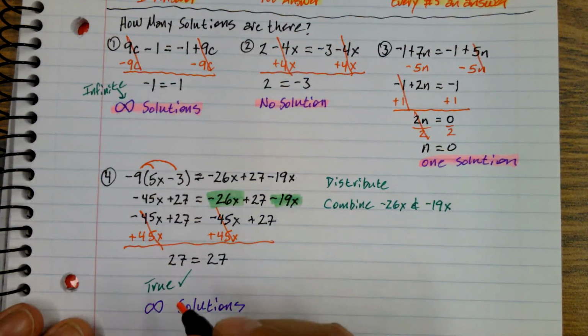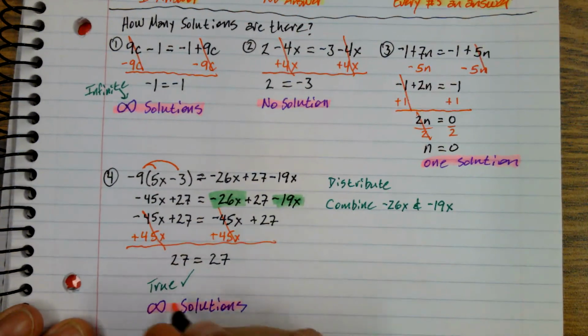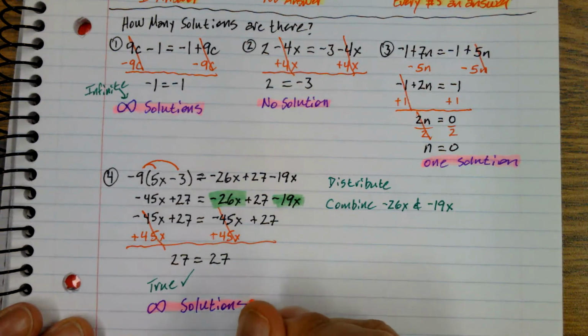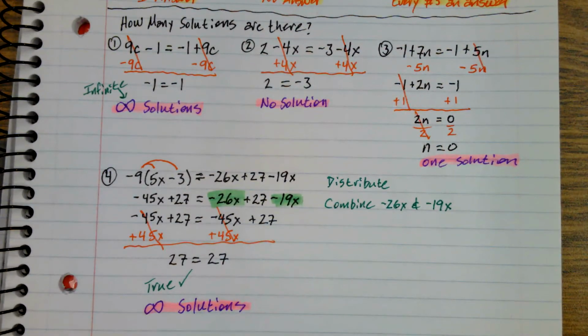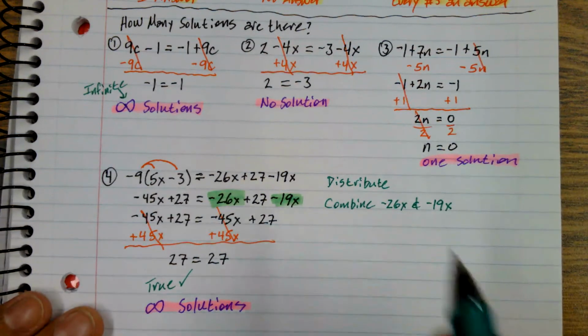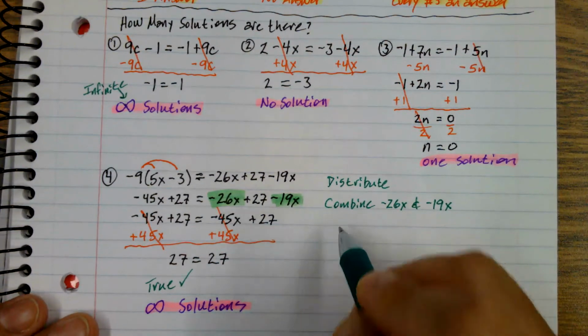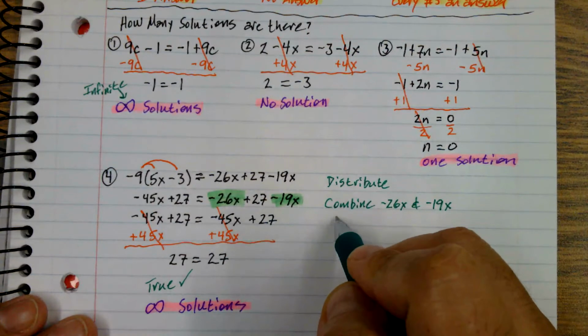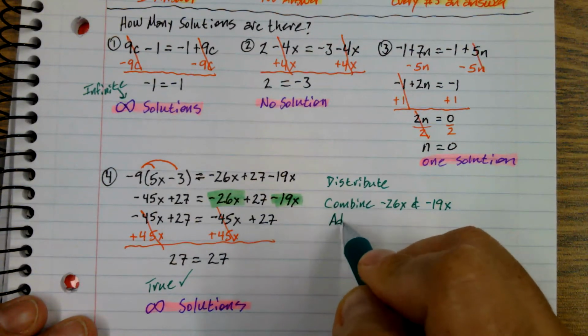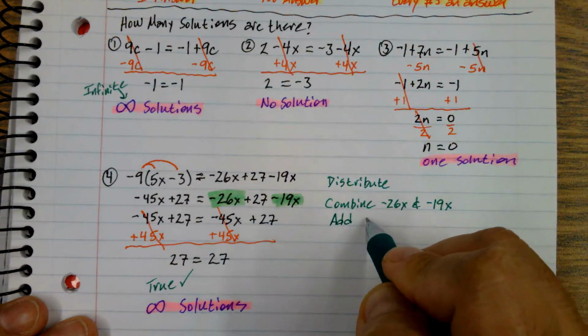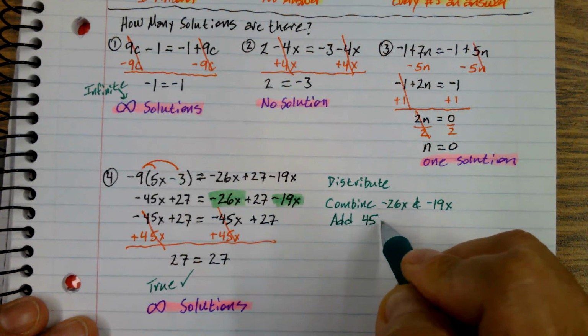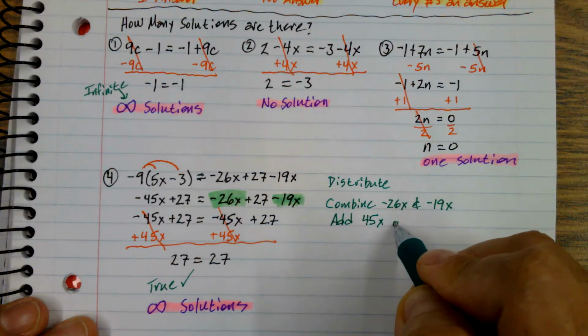Any questions? Oh, you know what? I should put here what the step was that we did. Add 45x on both sides.